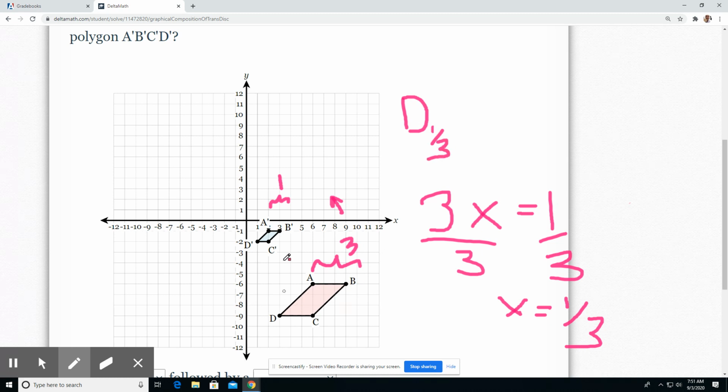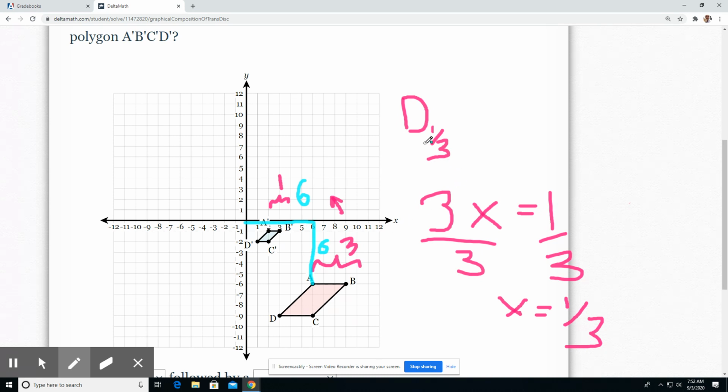And then I can check the other ones if need be, but I'm pretty happy with the way that one looked. So what would happen if we had a dilation of 1/3 going towards the origin? This time let's change my color on this one. We would want to look at a slope triangle and how it got to the origin. So that slope triangle, let's say 1, 2, 3, 4, 5, 6. So that's a 6 on the change in y, and 0 to 6 is a 6 also on the change in x.